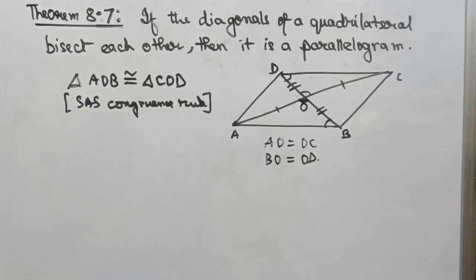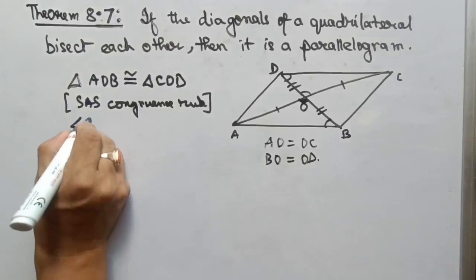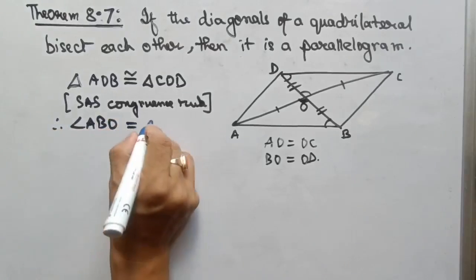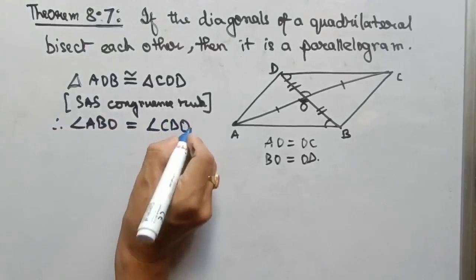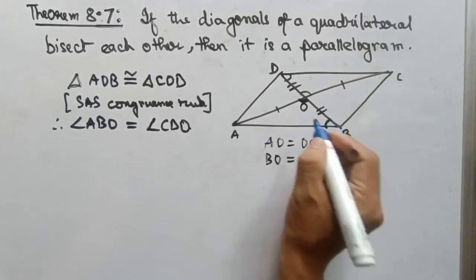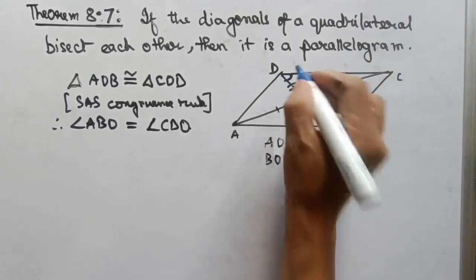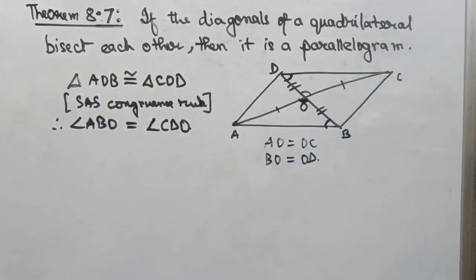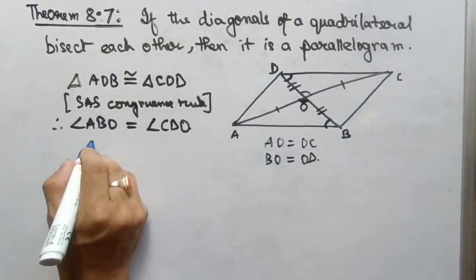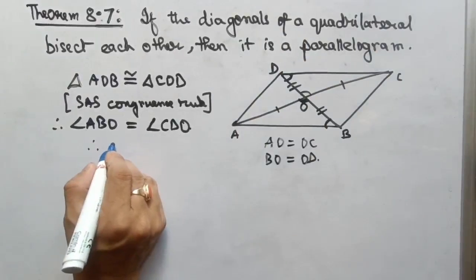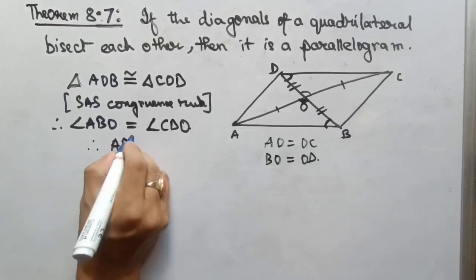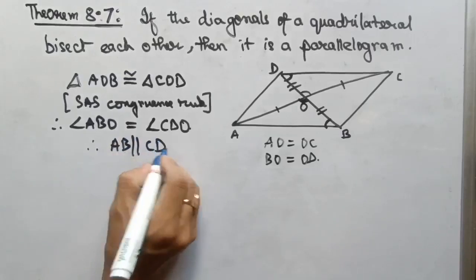Since these two triangles are congruent, angle ABO is equal to angle CDO. These are the alternate angles for the lines AB and CD and the transversal BD. Therefore, line AB is parallel to line CD.